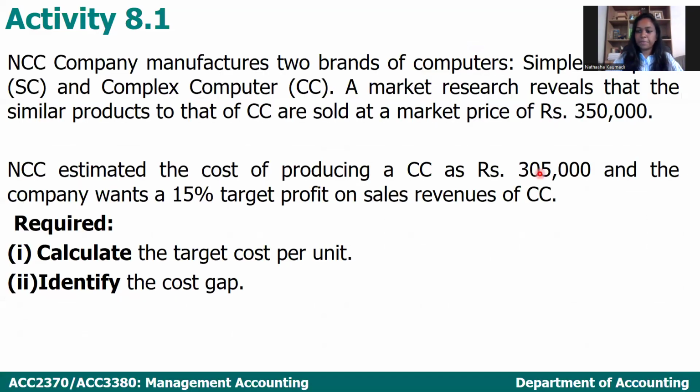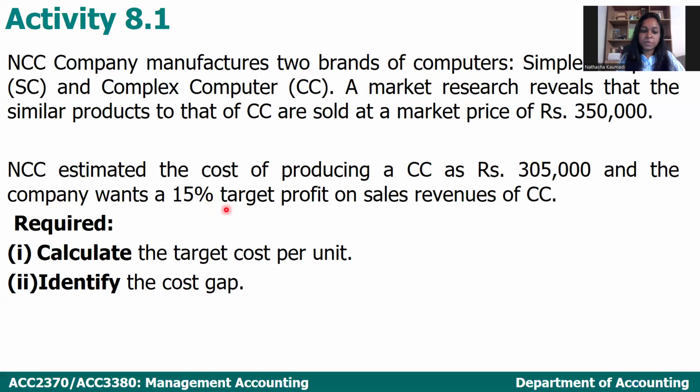And the company wants a 15% target profit on sales revenue of CC. What is the desired target profit margin? 15%. If the market price is 100, you need a markup of 15 rupees. Likewise, your profit margin is 15.